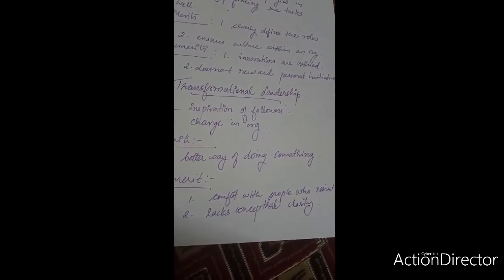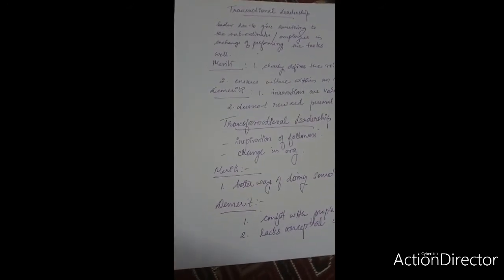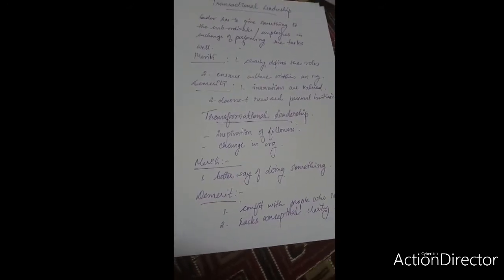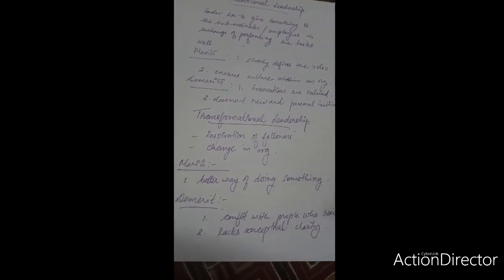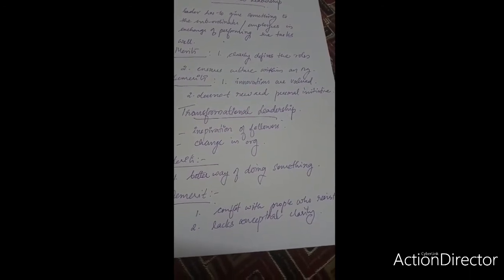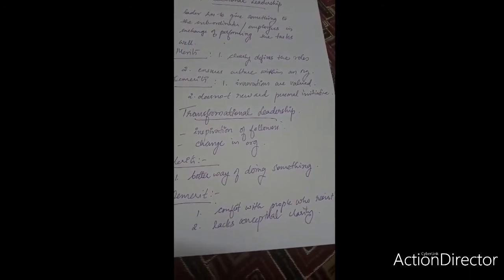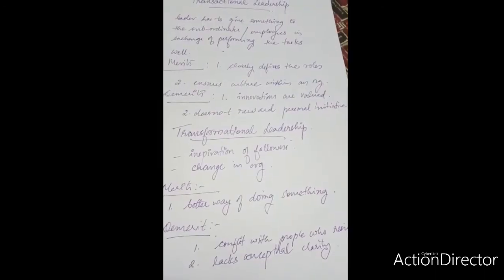So there are different approaches that can be adopted for these leadership styles, that is transactional and transformational. Anybody can adopt any set of styles that is convenient for them. So that's all about transactional and transformational leadership.